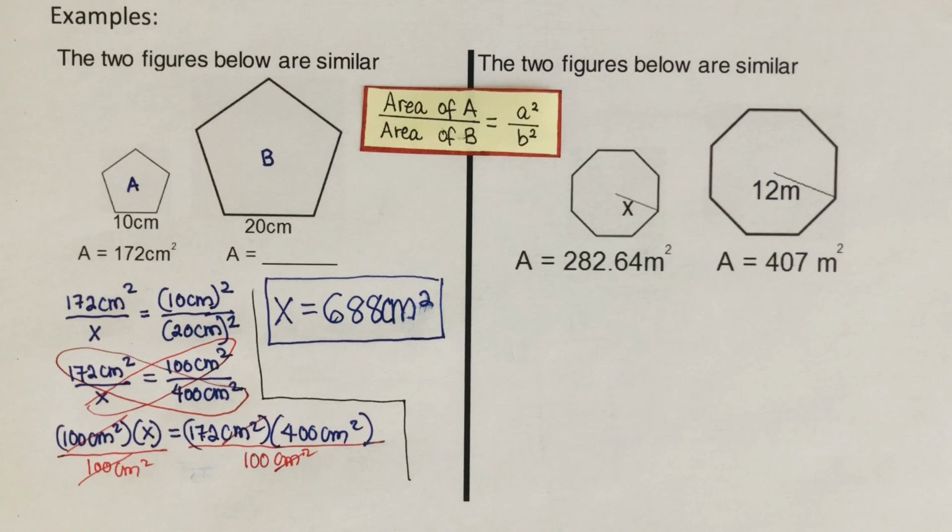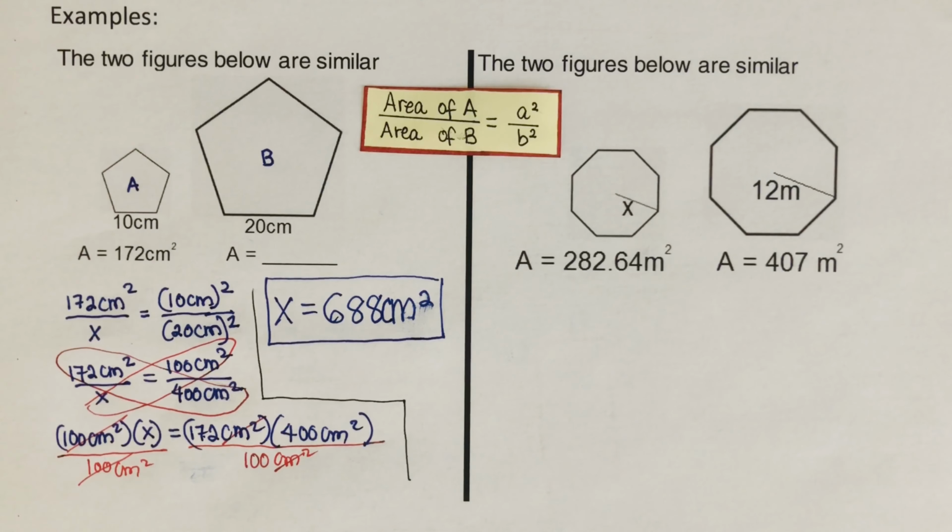So the area of A is 282.64 meters squared over the area of B is 407 meters squared is equal to the radius of this length right here for A is X, and then that's squared, and the radius of the second octagon is 12.